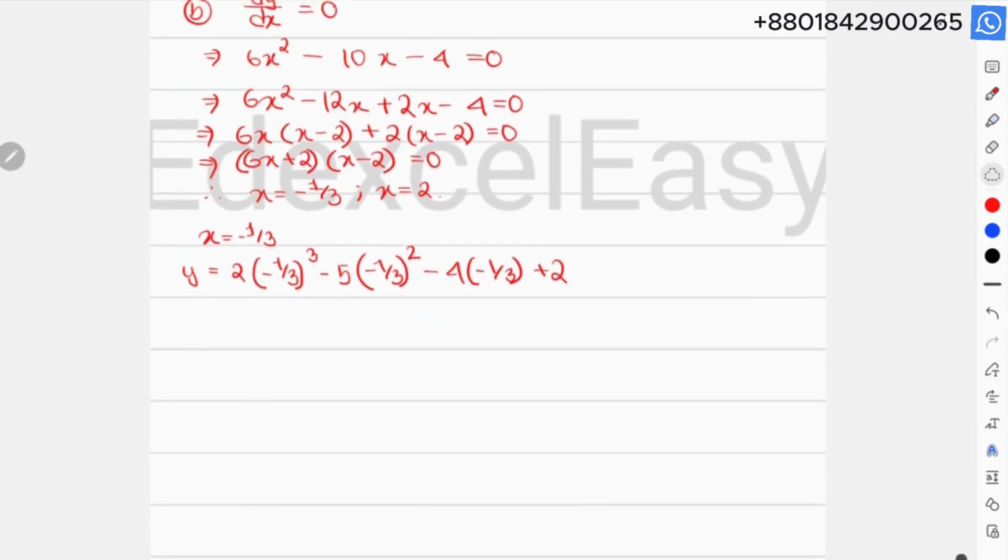Because the other value for x was positive 2 for the second turning point. So you actually get 73 over 27 for the first case.